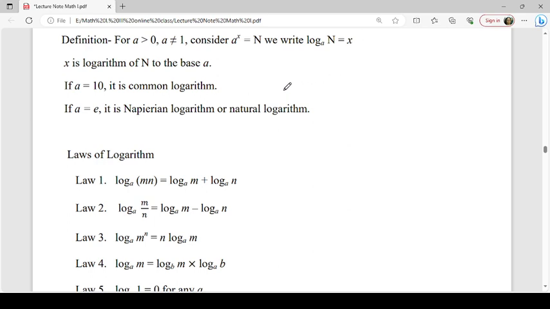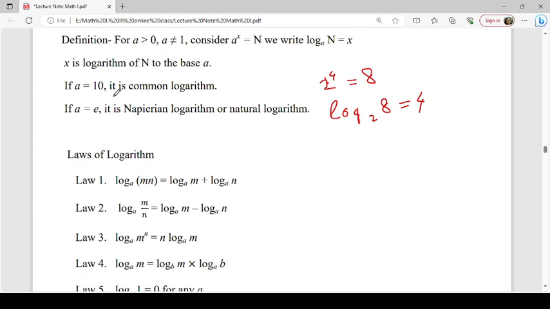Suppose 2 to the power 4 is equal to 8, we write log of 8 to the base 2 is equal to 4. So this is the logarithm. Here the base is 2. So this is the base.